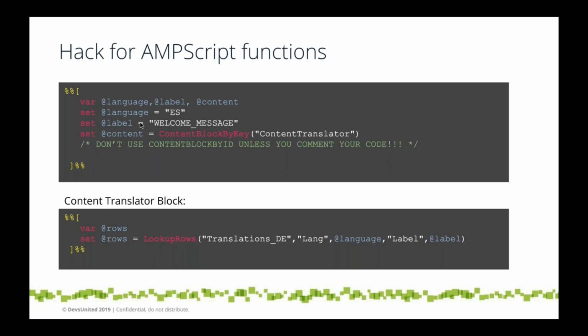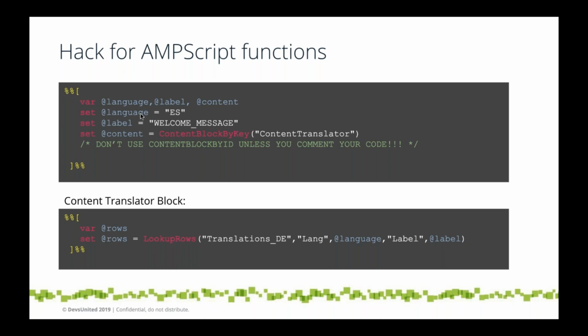So how to make functions? Imagine that you have multi-language emails, and you want to print the title of an email in 10 different languages. You can use dynamic content, that's great. But sometimes you have a lot of AMPScript in your email, and you can't really use dynamic content. What do you do?